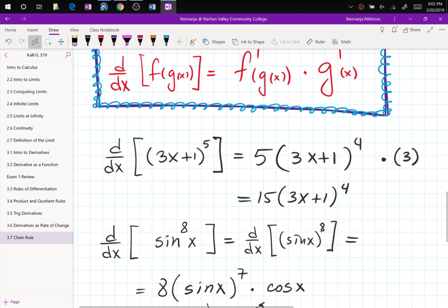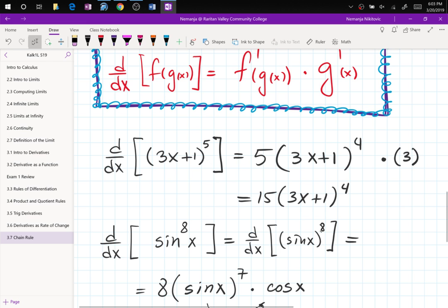You have f prime, we have our 5x to the 4, but instead of x we put in g. See how g? That's your g. And look at the derivative of g, it is 3. Right? Move to the next one. You have, again, a function raised to the exponent, and then you have your 8 times g to the 7. Your g is sine, g prime is cosine.